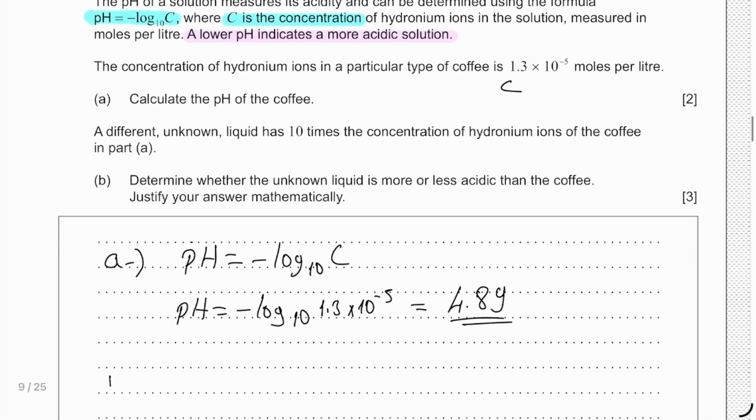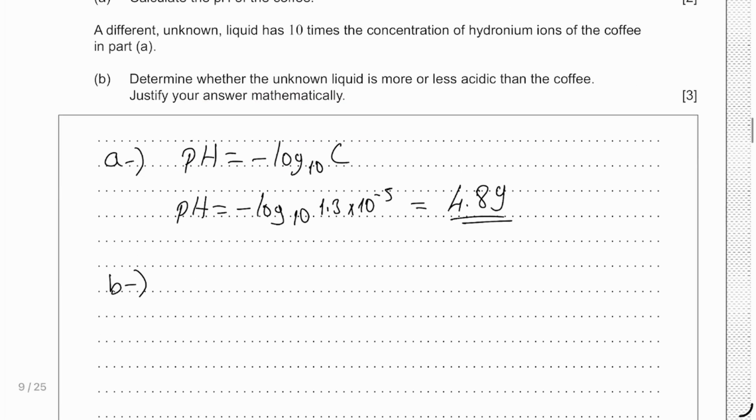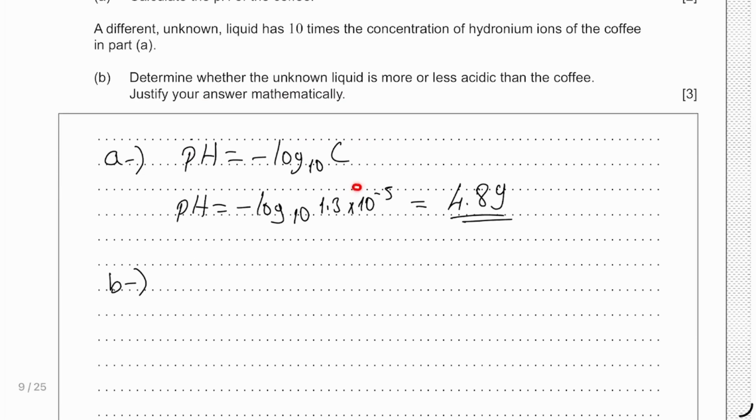Part B. A different unknown liquid has 10 times the concentration of the hydronium ions of the coffee in part A. Determine whether the unknown liquid is more or less acidic than coffee. Justify your answer. So we're going to multiply this C by 10, right?